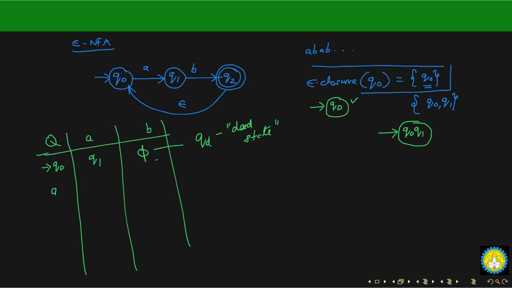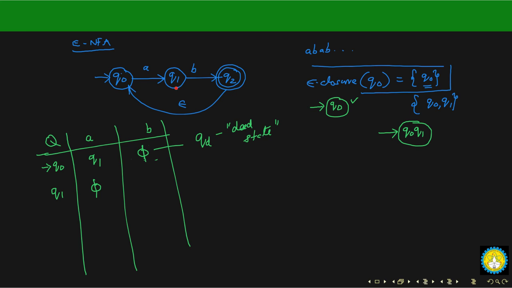If you look at Q1, Q1's transition on A is again not defined, so it's also going to be phi. What about Q1's transition on B? Look here carefully. If you look at Q1, by just having B, we can reach Q2. And if you're applying B epsilon, you can also reach Q0.